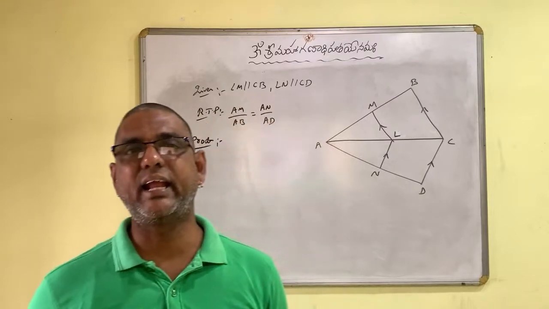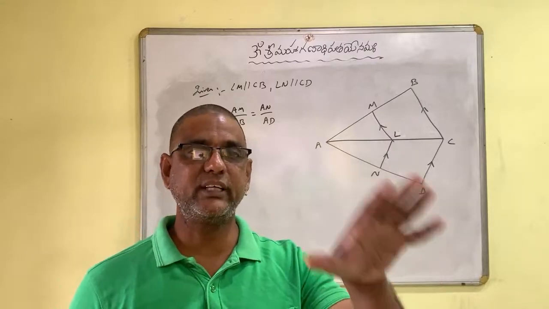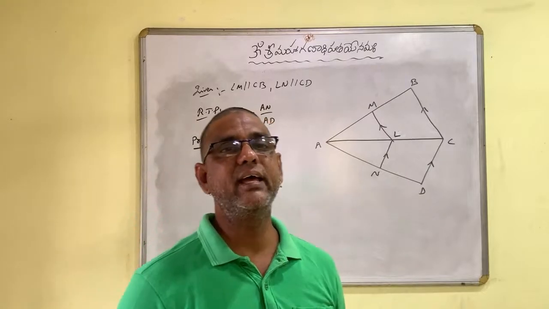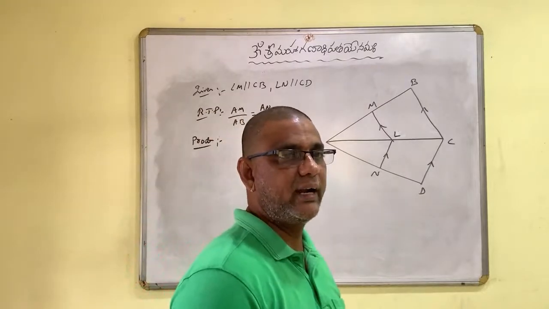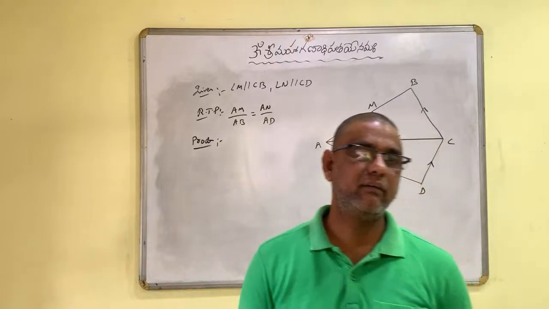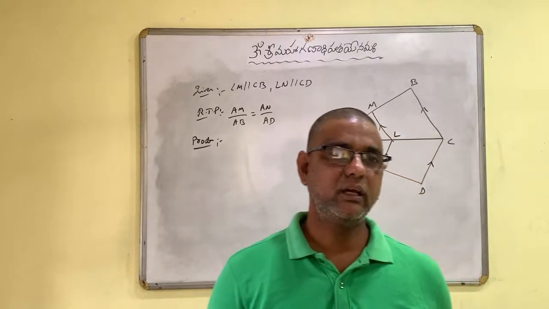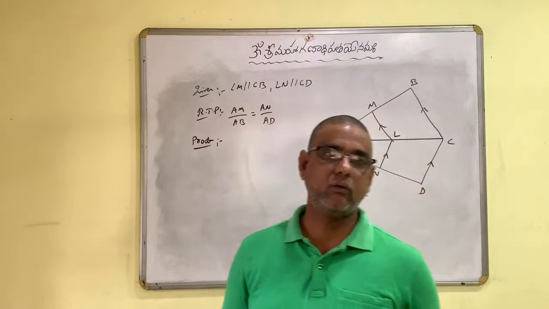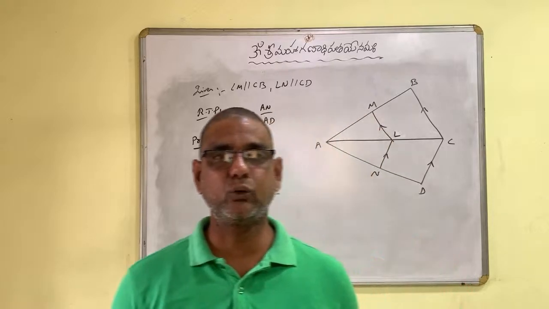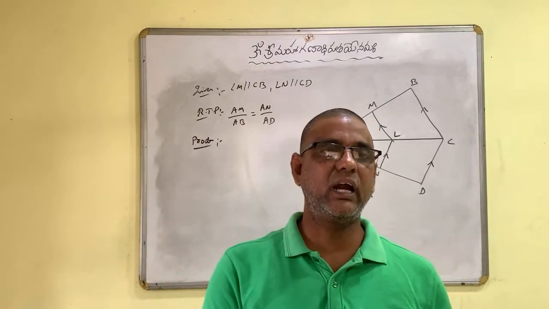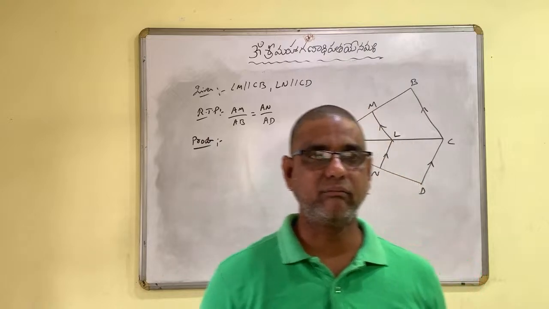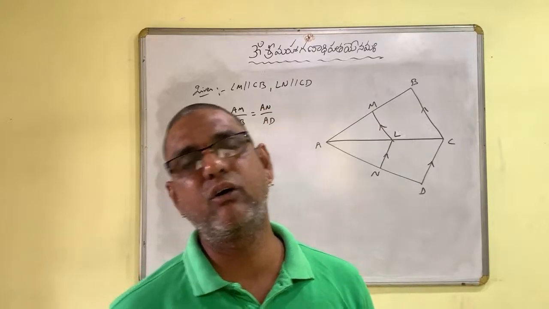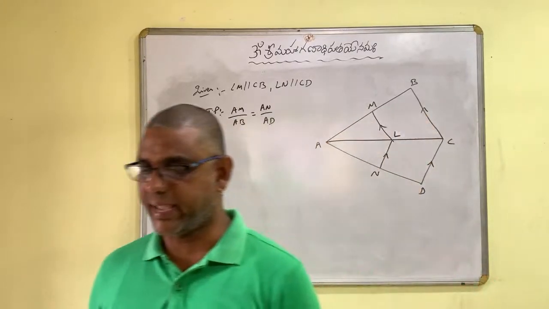We need to see that scenario so that we are able to apply basic proportionality theorem. So what kind of scenario we need to search for? We need to have a triangle. In that triangle there must be a line drawn parallel to one of the sides intersecting the other two sides at distinct points. అట్లాంటి scenario వెతకాలి ఇప్పుడు మనం. We need to see that. So if we have such kind of scenario, then we can apply BPT.